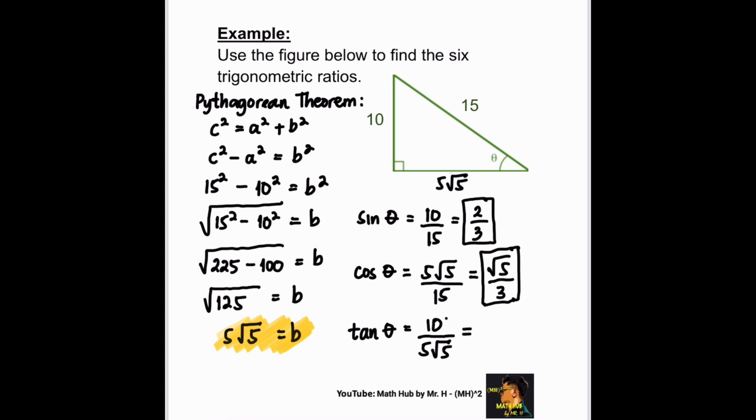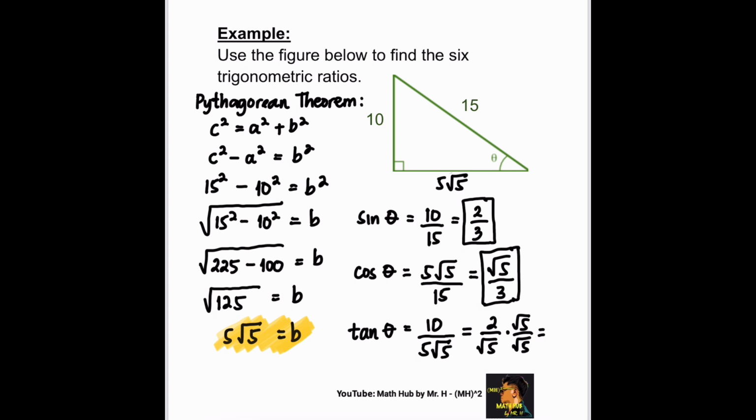So if we're gonna simplify this, 10 divided by 5 square root of 5 is gonna give us 2 over square root of 5. However, this is not the most simplified answer yet, so we need to do one more step. So we need to multiply by square root of 5 divided by square root of 5.